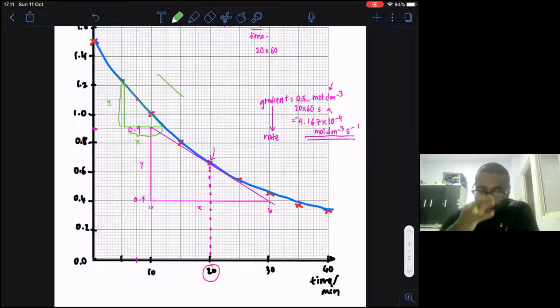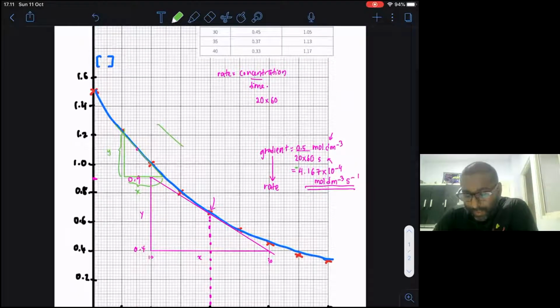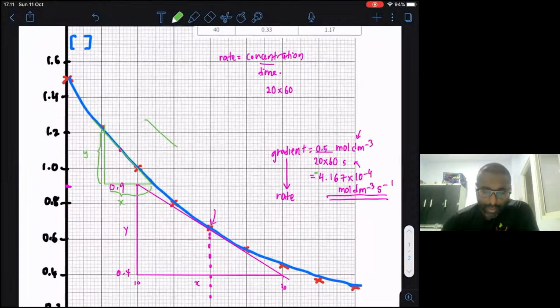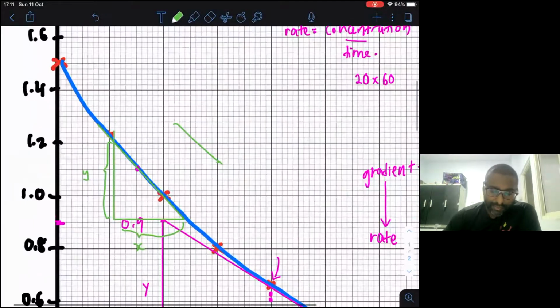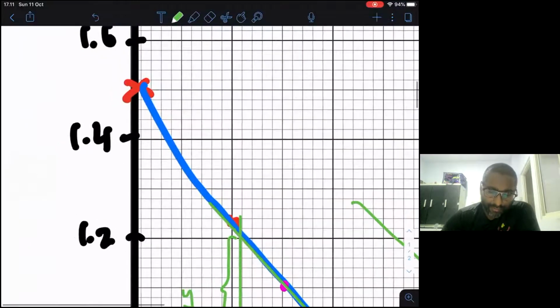Now I also want to show you about initial rate of reaction. Normally we use initial rate of reaction to identify the rate of reaction at the beginning of the reaction. If you enlarge this, it will look like there is some sort of straight line over here.